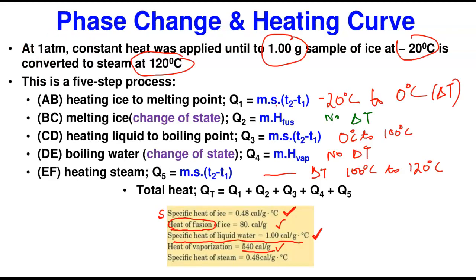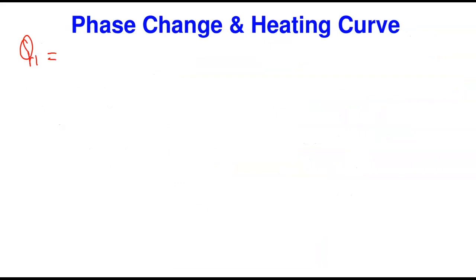And let us see how this is actually done. So let's try to put those things in practice. Let's just try to do all of them. So Q1, of course, I wrote the formulas here already. I'm not going to repeat them. Just follow along as I do it. So it's going to be 1 gram.